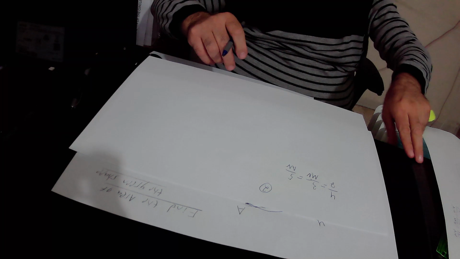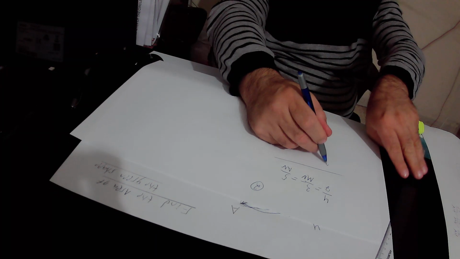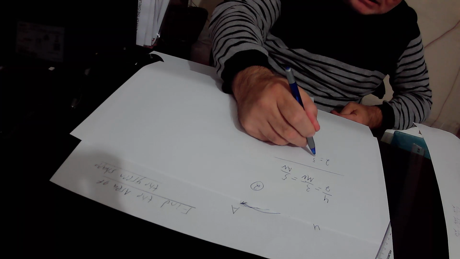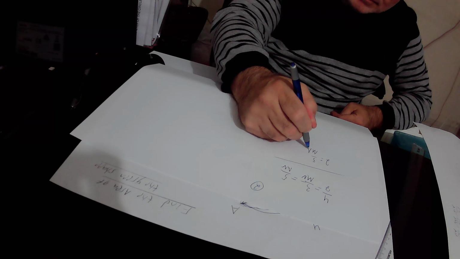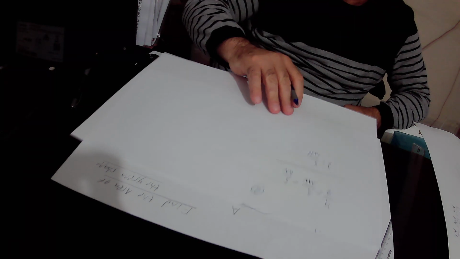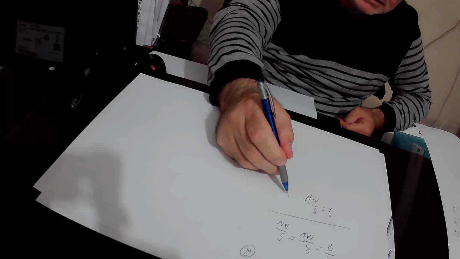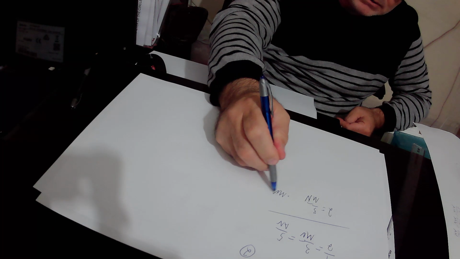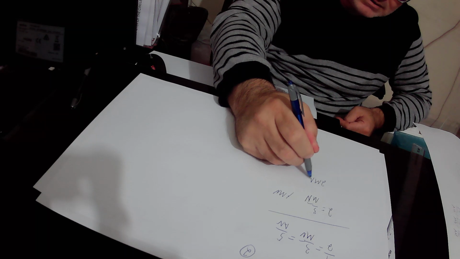So 4 over 2 is 2. So 2 equals 3 over MN. Here we multiply this equation by MN and we get that 2 times MN equals 3.